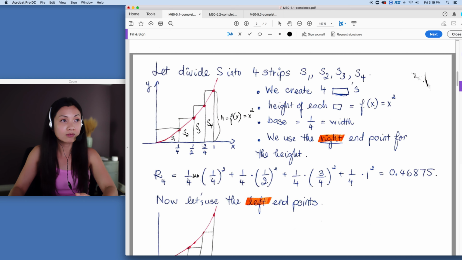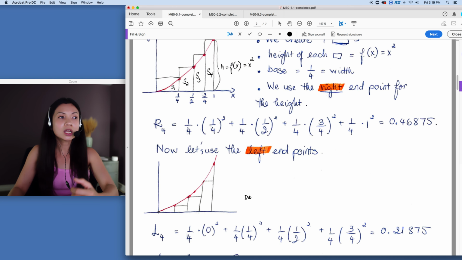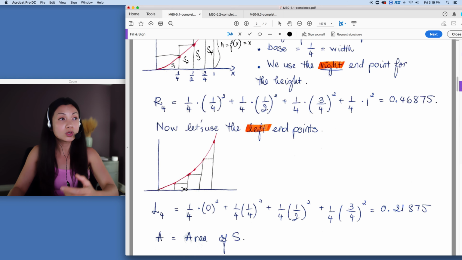So we have 1, 2, 3, and 4. That's because I'm using the right endpoints here, so I have the right, the right, the right, and the right. Now we're going to go the other way around. You see that this is an overestimate, right?